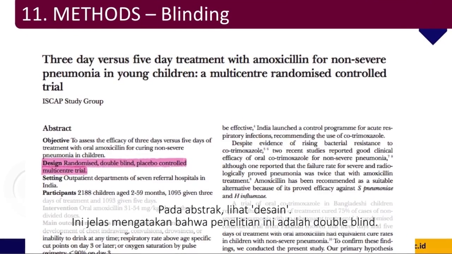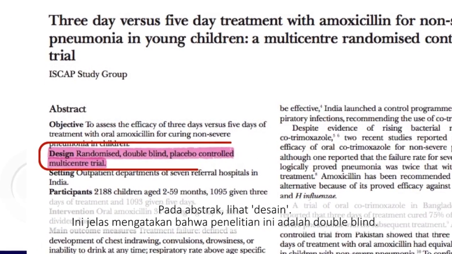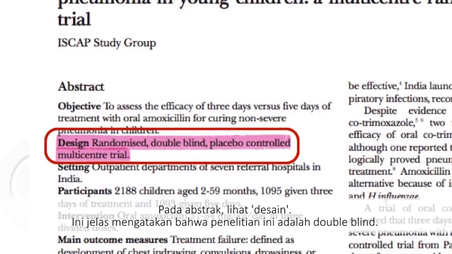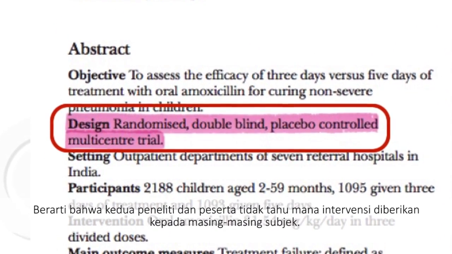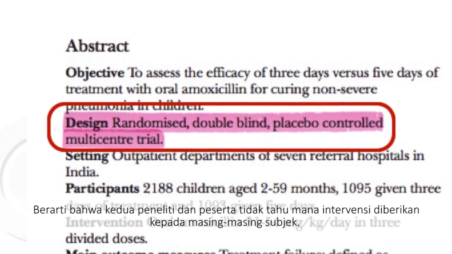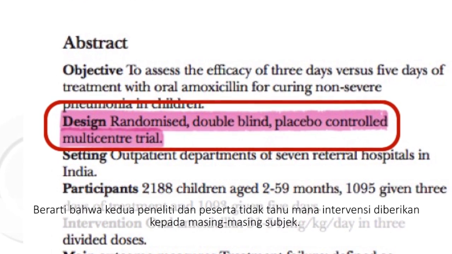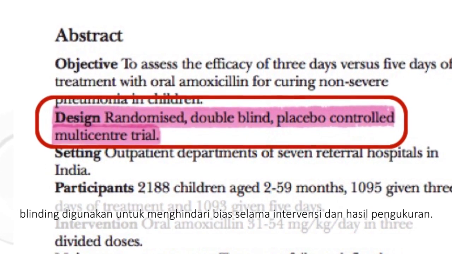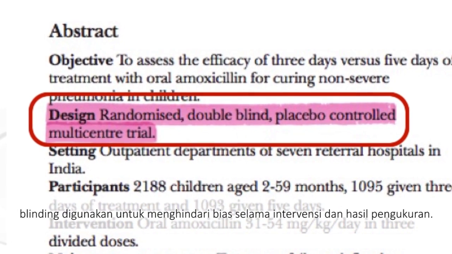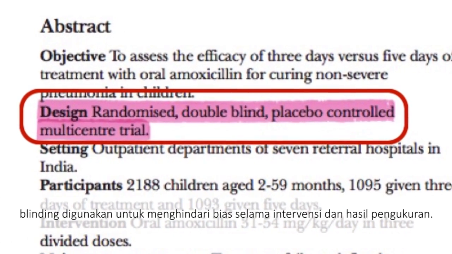On the abstract, look at design. It clearly says that the study was double-blind. Double-blind means that both investigators and participants do not know which intervention was given to each subject. Blinding is used to avoid bias during intervention and outcome measurement.